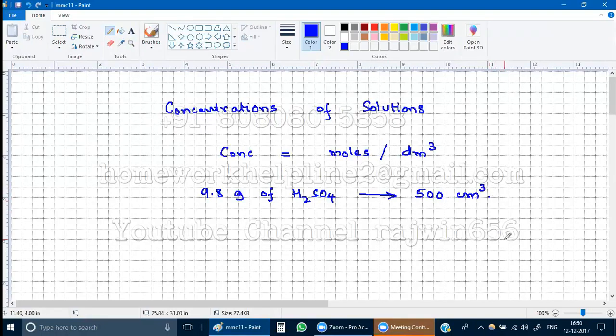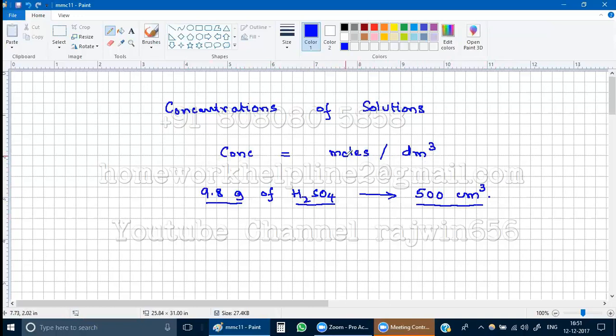So I've taken 9.8 grams of sulfuric acid and dissolved it in water, and the total volume of the solution is 500 centimeter cube. Now how are we going to calculate its concentration in terms of moles per dm cube?